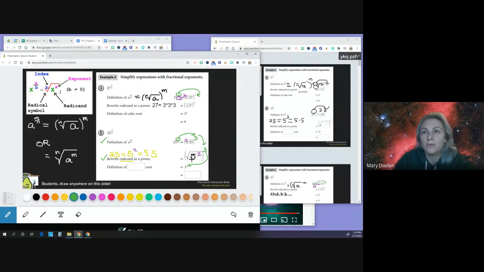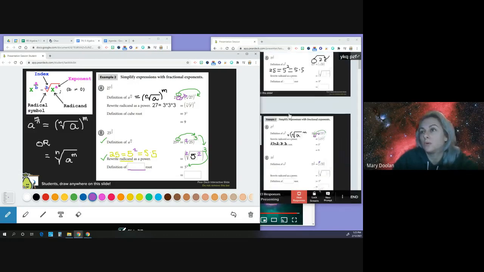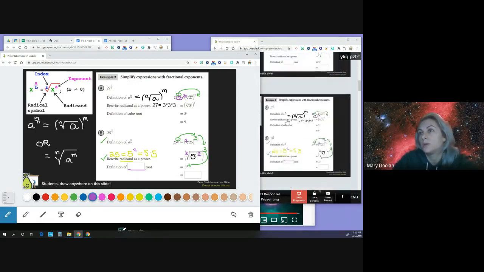Well, what kind of root is this? When you don't see that index written here, there's an invisible 2. And it has its own special name right here. What is this? This is the what root. What do you call a root with the index of 2? A what root? It's a word that we need to write.